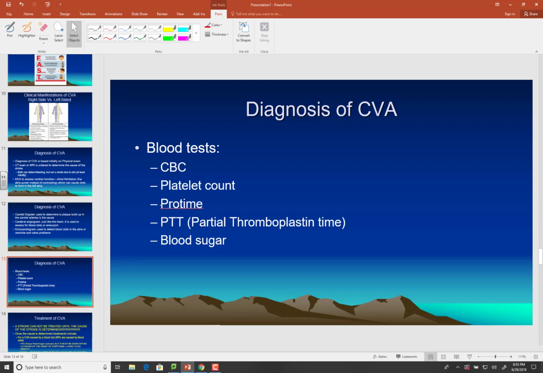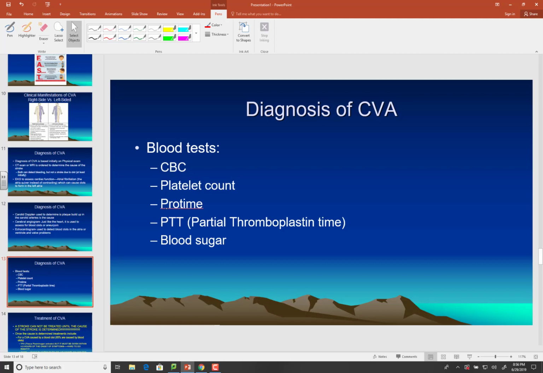What they want to do is look at these two tests to see if their blood is clotting normally, or if they are on anticoagulants, are the numbers way off? Are they taking too much of this medication and their blood is really, really thin, and that would tend to lead the doctor to believe that it's probably a hemorrhagic stroke?